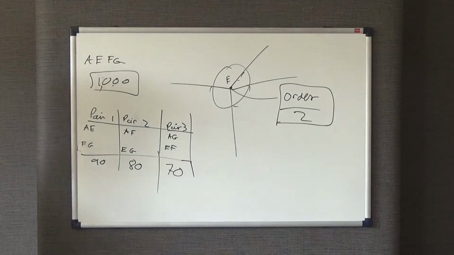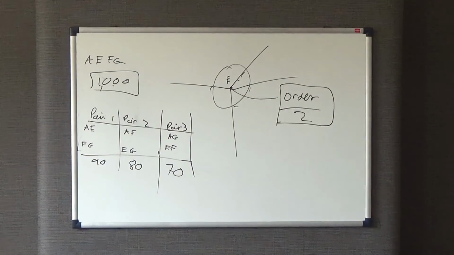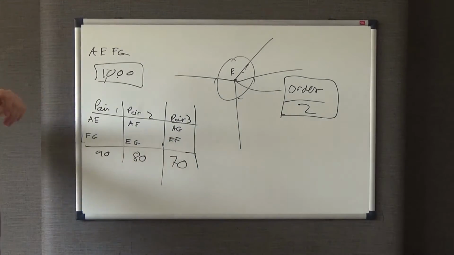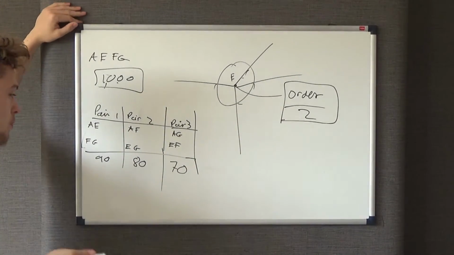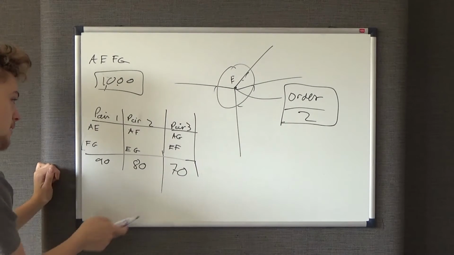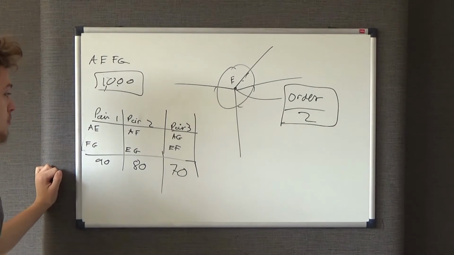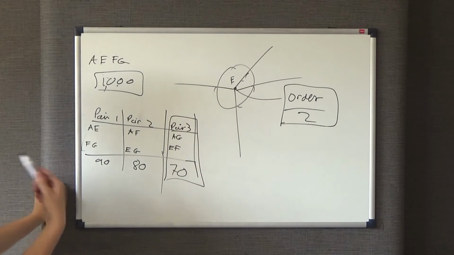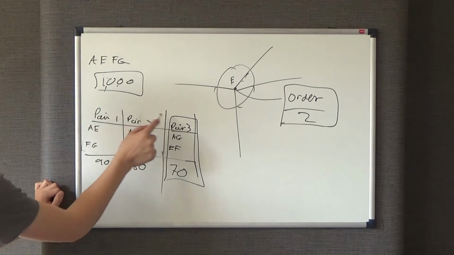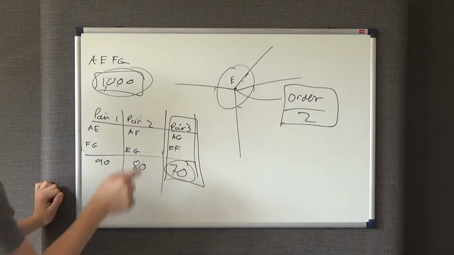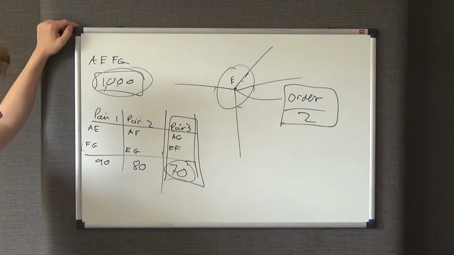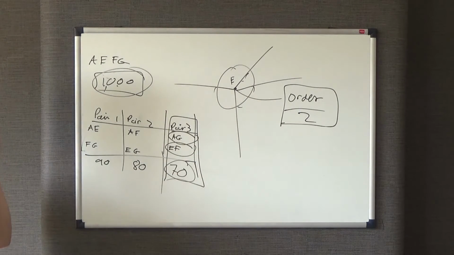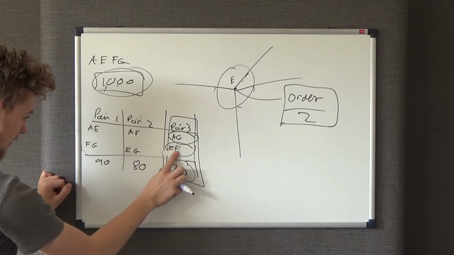With the Chinese Postman algorithm, if this was the case and it asked you to work out the length of the shortest possible route, including the ones that have to be traversed, it would be 70 plus 1000. Now, if it asked you to state that route, you'd have to state the route you took from A to G and the route you took from E to F.